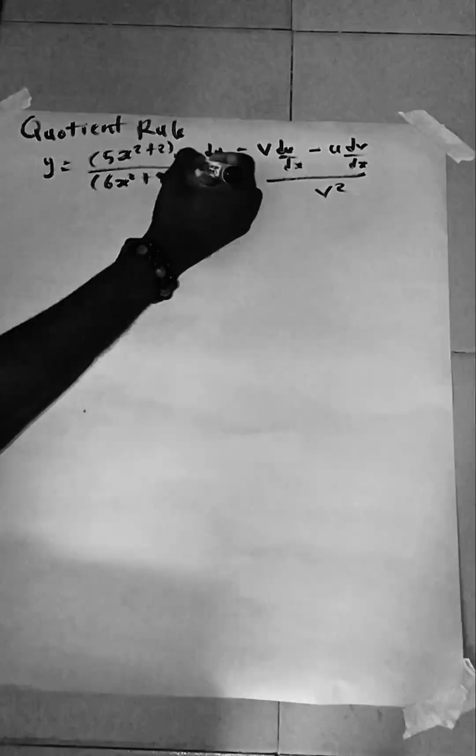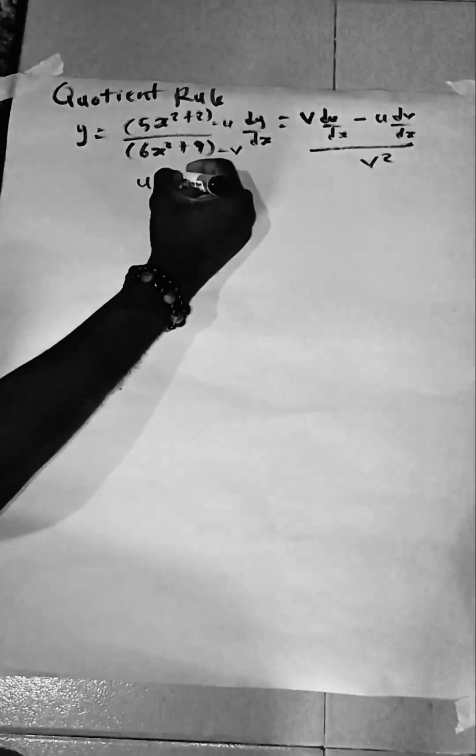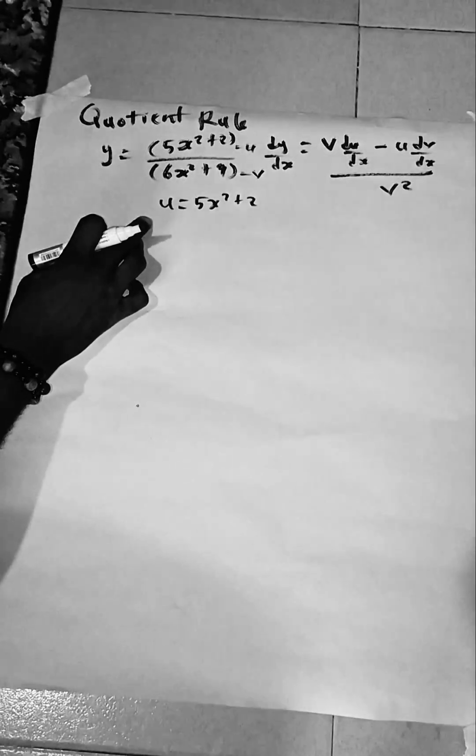So let's treat this function. What do we take as our u? What do we take as our v? Let's take the upper function as our u, the lower function as our v. Please, let's always abide by this. Take the upper one as your u, take the lower one as your v. So if our u equals 5x squared plus 2, what do we do to get our du by dx? We differentiate it.